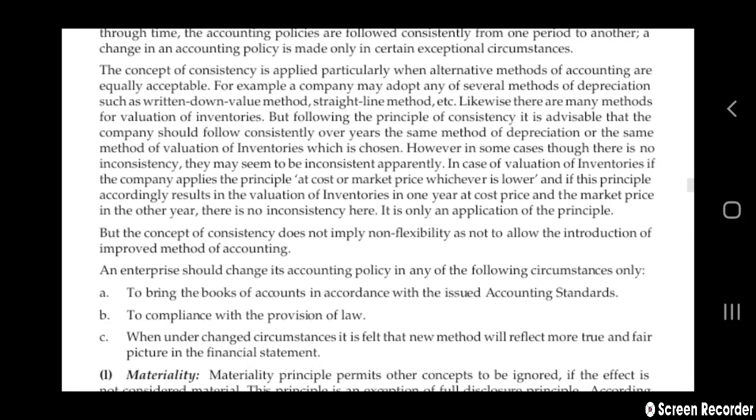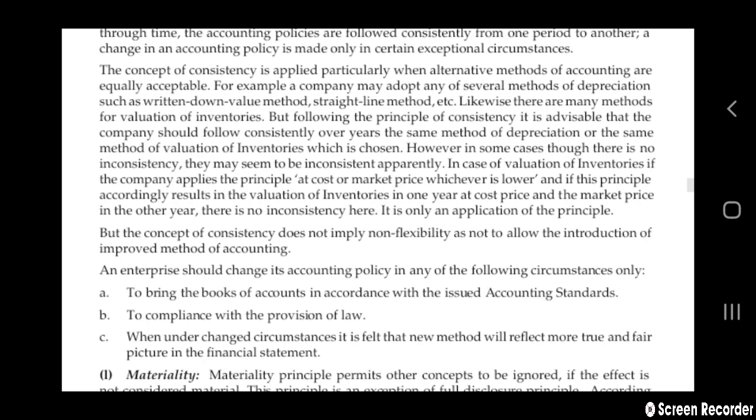So the concept of consistency is applied particularly when alternative methods of accounting are equally acceptable. For example, a company may adopt any of several methods of depreciation, such as the written down value method, the straight line method, and many other methods.